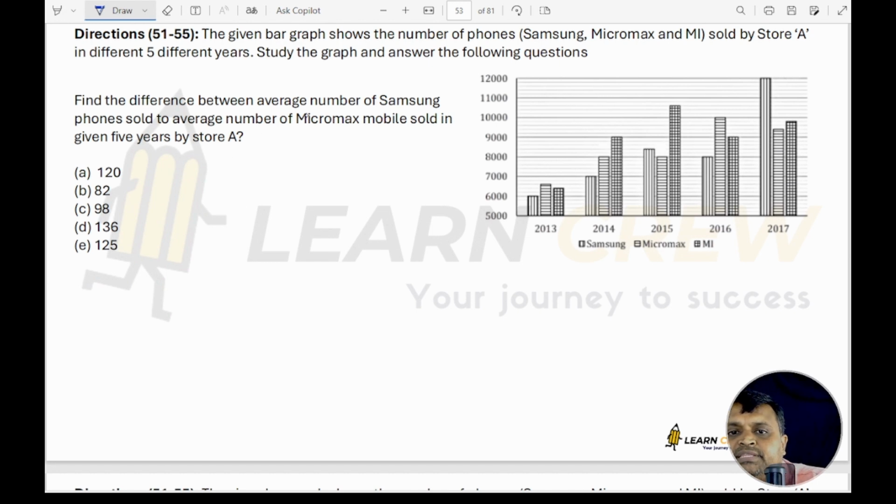Find the difference between the average number of Samsung phones sold and the average number of Micromax mobiles sold in the given years. So simply find the average of Samsung.